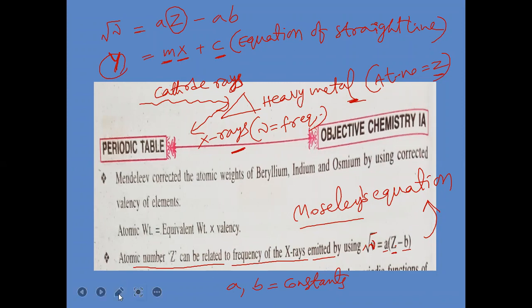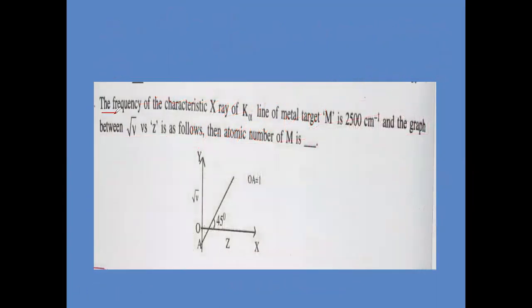Based on this, we take one question. Suppose the frequency of the characteristic X-ray of the K alpha line, K alpha, K beta, whatever it is, of the metal target M is given as 2500 centimeter inverse.